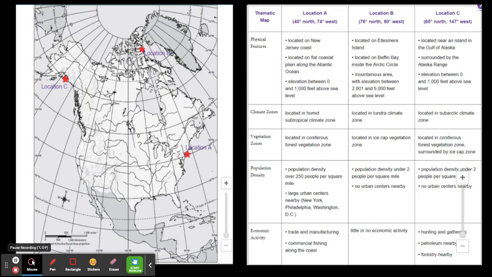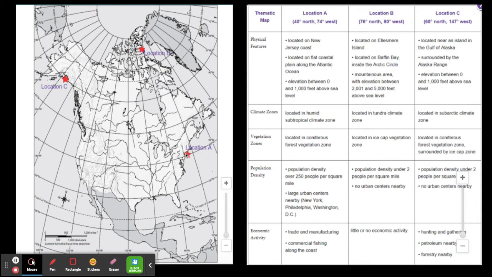Let's go ahead and review where our locations are and what the answers to challenge 3 were. Location A was right over here. If you look at our answers over physical features, it's located on the New Jersey coast.